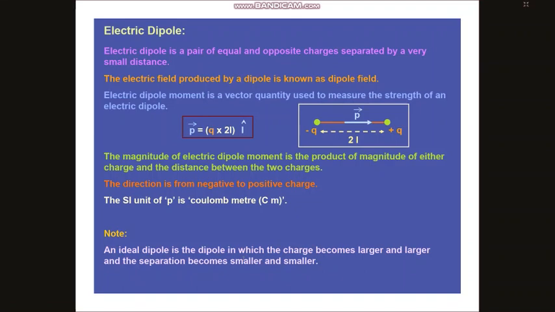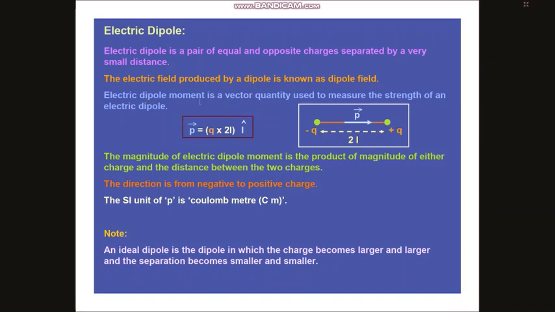Now, electric dipole. Electric dipole is a pair of equal and opposite charges separated by a very small distance. It is a system of two equal and opposite charges. The electric field produced by a dipole is known as dipole field.